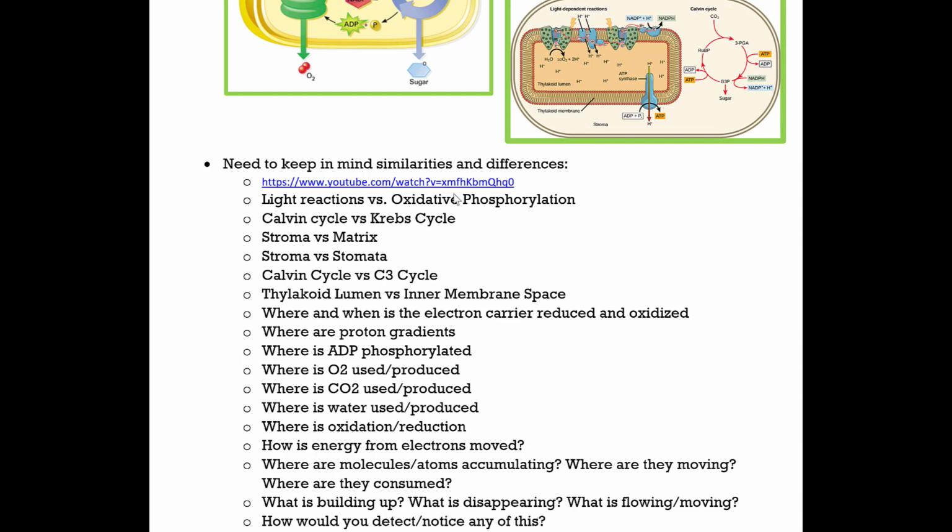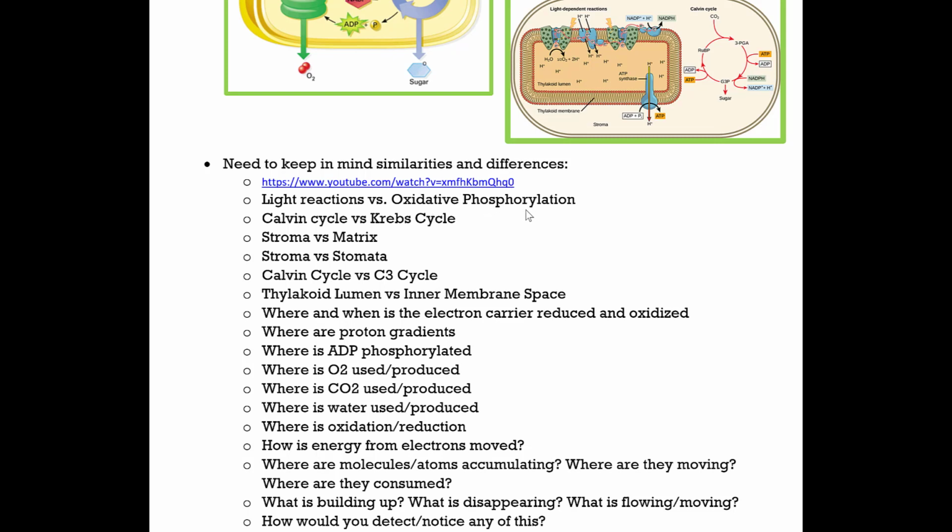It is the phosphorylation of ADP by ATP synthase, but it is powered by the oxidation reactions of glycolysis and the citric acid cycle. So they're named for how they get the energy to do the phosphorylation.